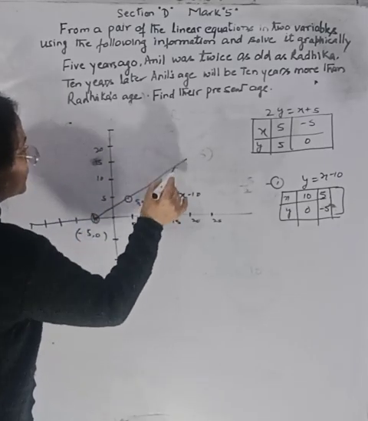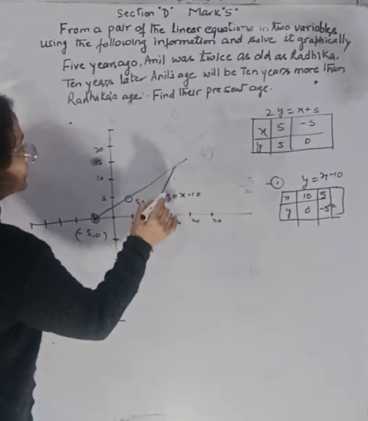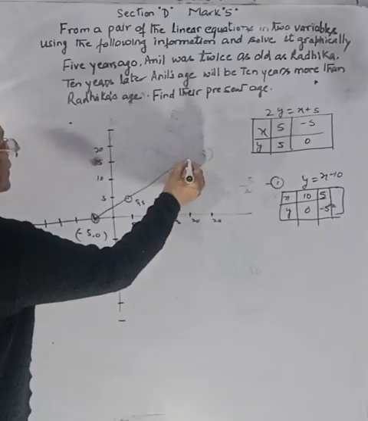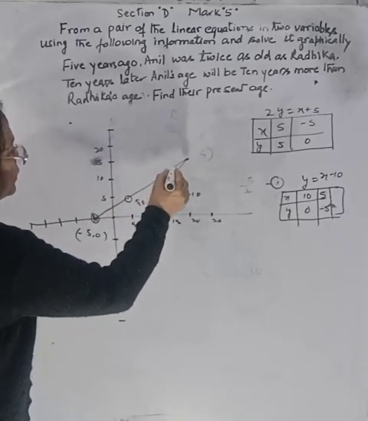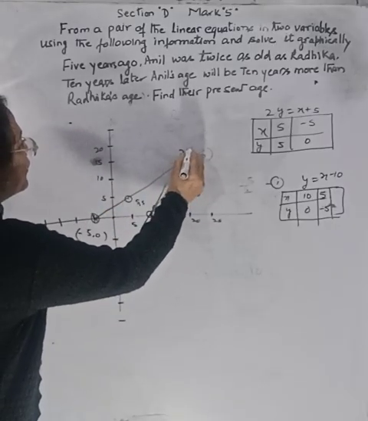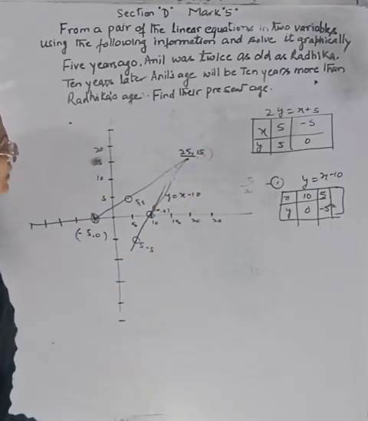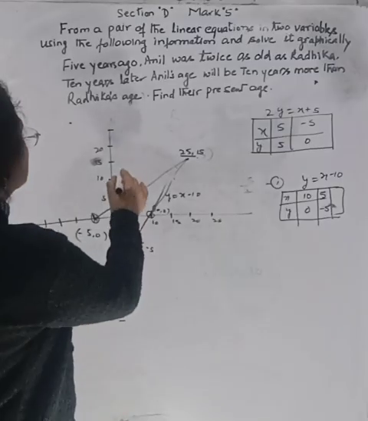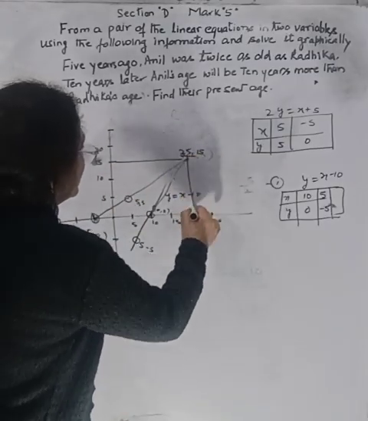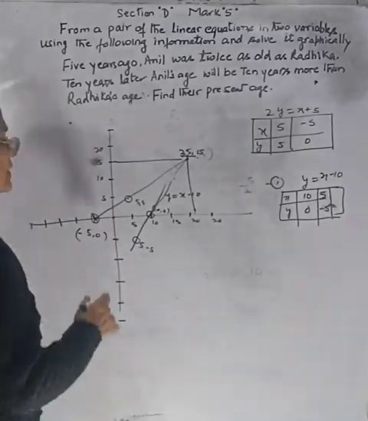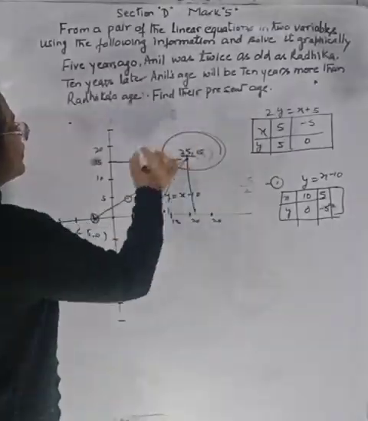In this way, we'll get something here. This will be definitely equal to 25 and 15. This is 15 and this is 25. Because we have drawn by hand, the measurement is somewhat off, but it will definitely come 25 and 15.